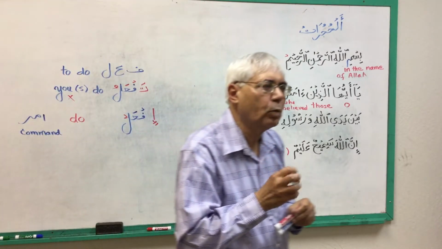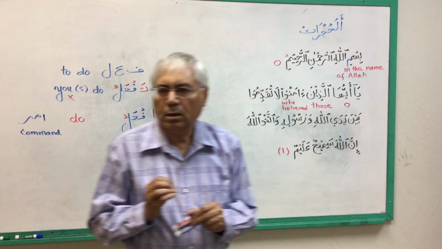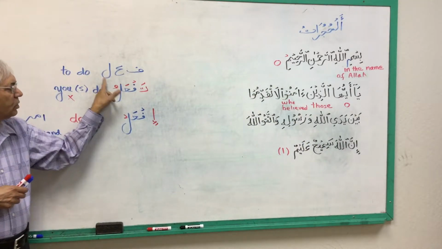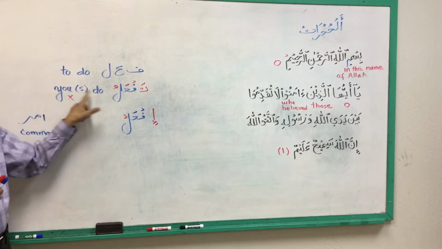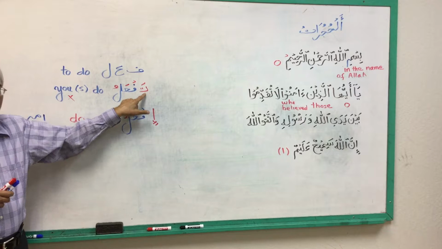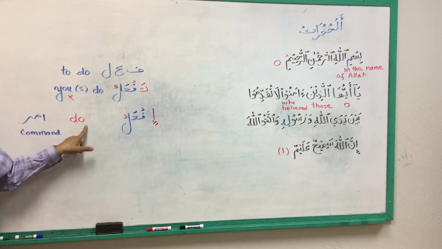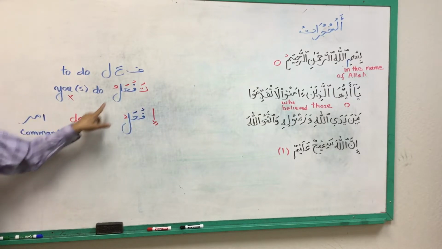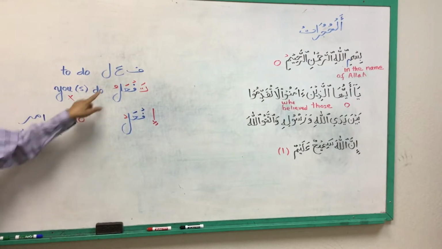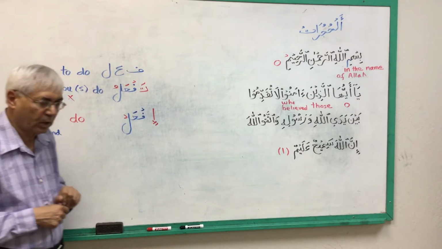So that is how we make the command, or amr. We start with the three letters, make the grammar of you do, and for that we add a ta. Then from here we go to the amr and remove the ta and add an alif, and this changes to if'al.